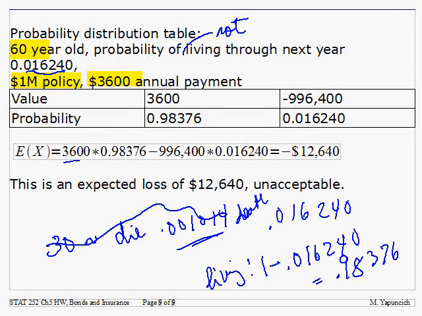I take the 3,600 and multiply by its associated probability, and then I'm adding, which in this case turns out to be a subtraction of the almost $1 million times the probability that the 60-year-old will die in the next year. The result is a negative $12,000. I'm sure that's not acceptable to the insurance company, and they would probably charge a 60-year-old a lot more, if they would indeed even sell them $1 million worth of insurance.